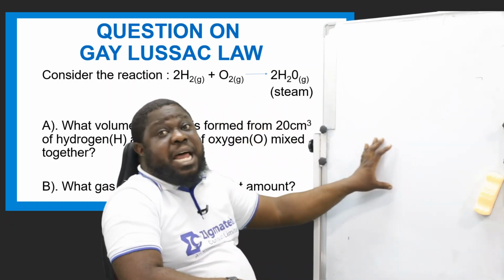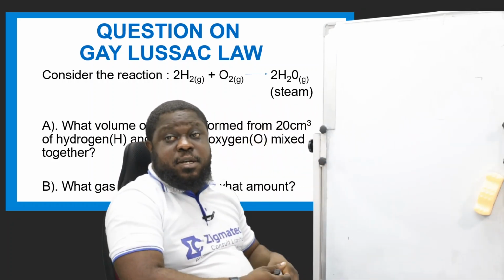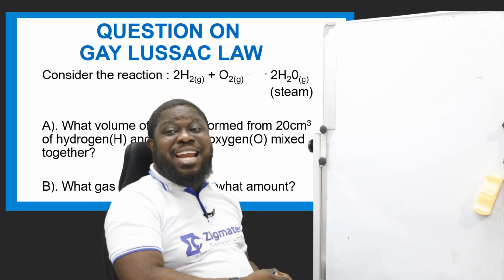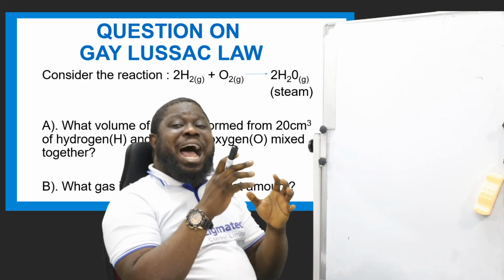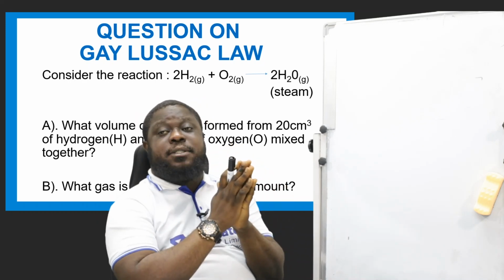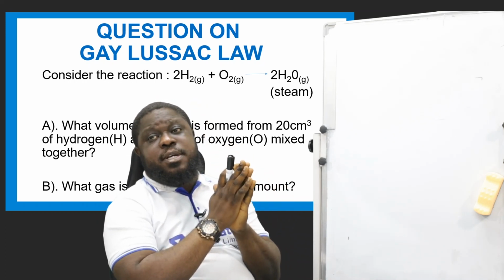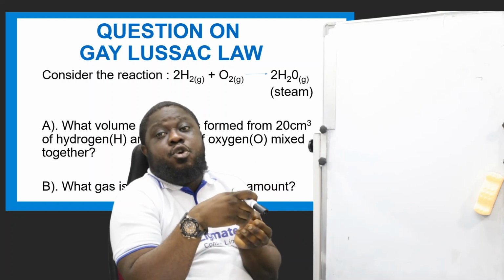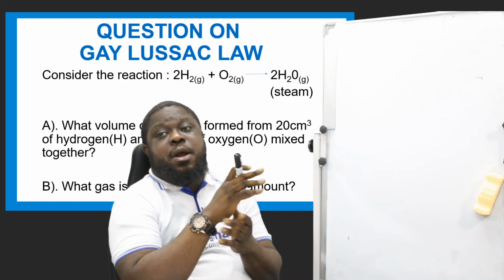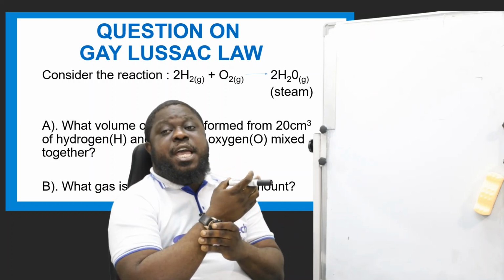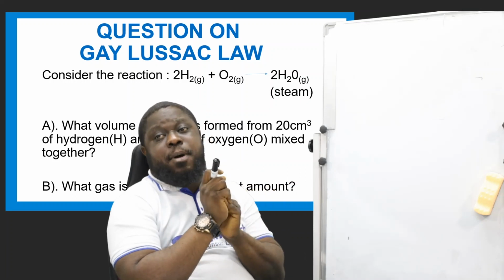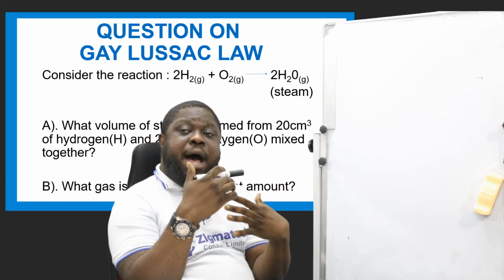I just gave you a similar analysis of A, B, and C. The hydrogen there is 2, the oxygen molecule there is 1, and the water there is 2. Look at the big numbers. That's what you look at. The small numbers are just the number of atoms, they are subscripts. You do not look at the subscript, you look at the number of molecules. I told you, if a number is written together with an element, it is a molecule. So look at the number of the molecule.